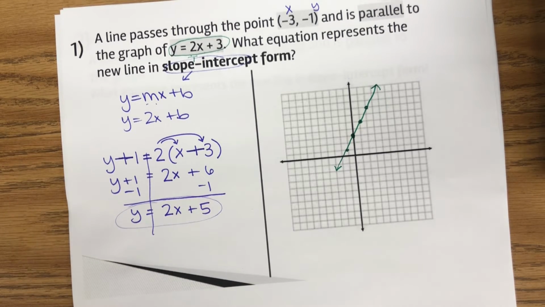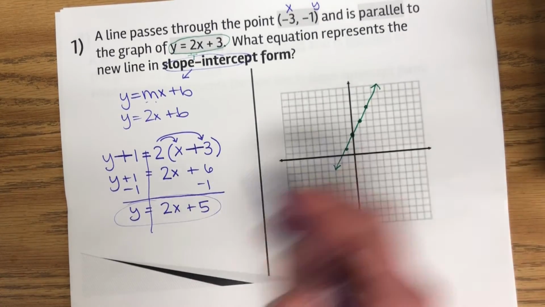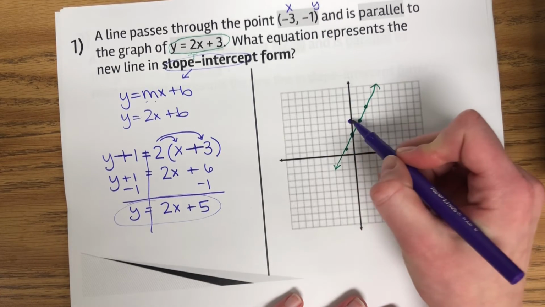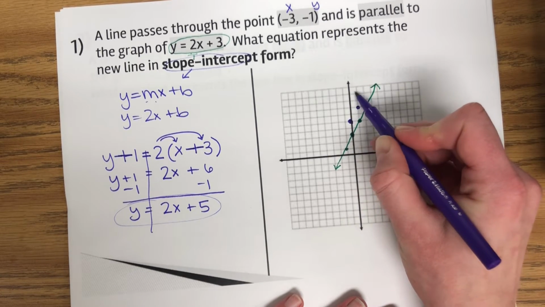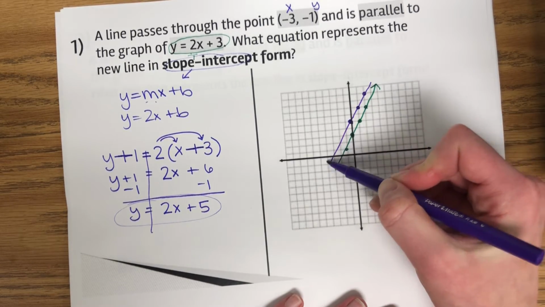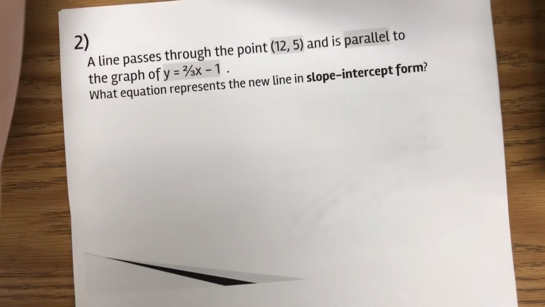And then I can graph this one also. Graphing is a good way to just check to make sure that you actually did the algebra correctly. So a 5 y-intercept, and then up 2 over 1, up 2 over 1. Notice that they are parallel lines, which is exactly what we wanted.